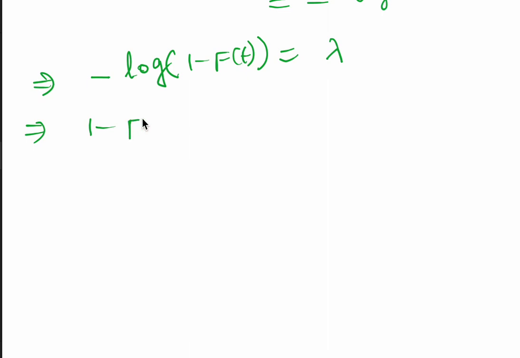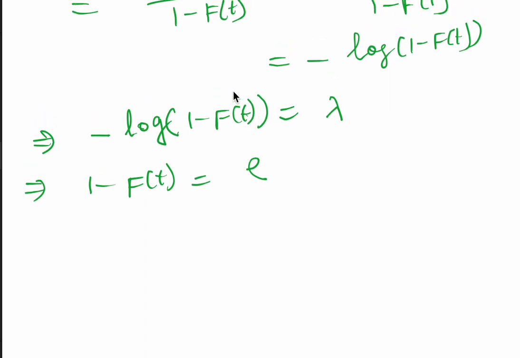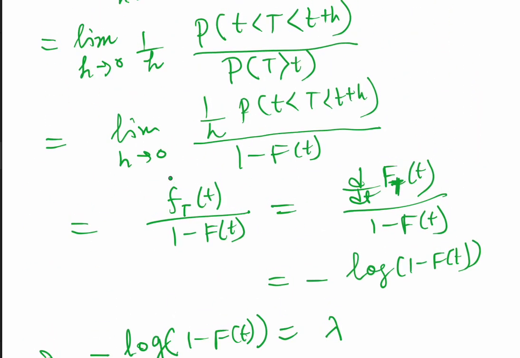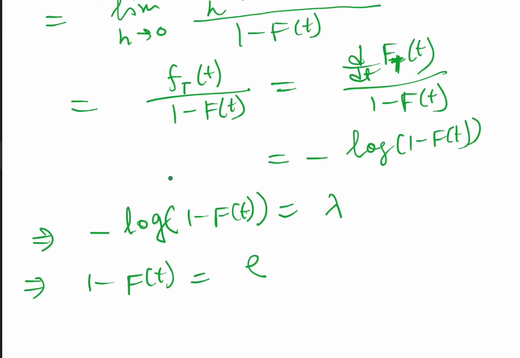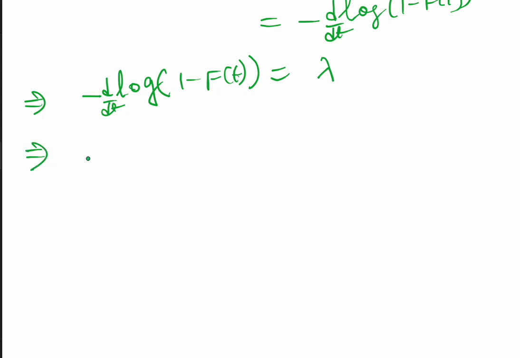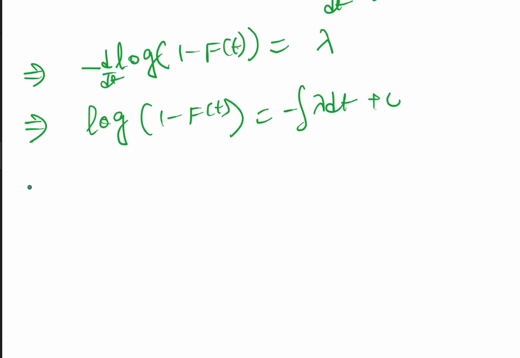So log of 1 minus F(t) is the integration of minus lambda dt plus some constant, so 1 minus F(t) is some constant A into e to the power minus lambda t.